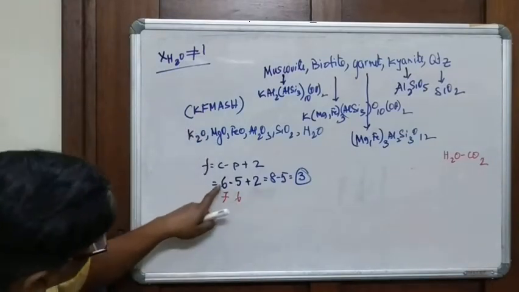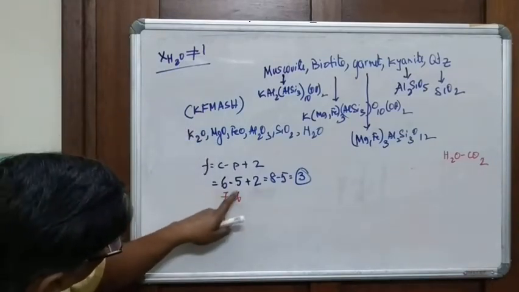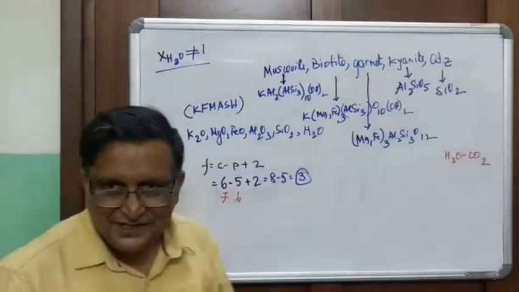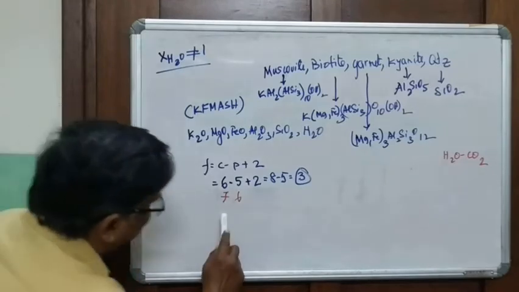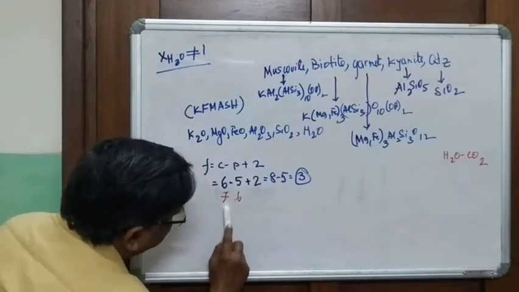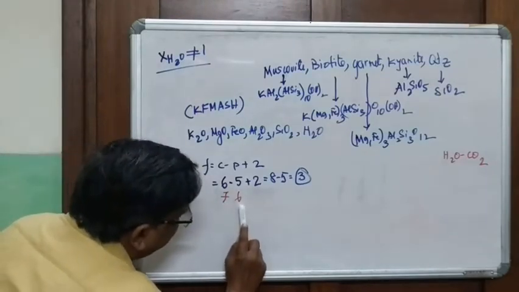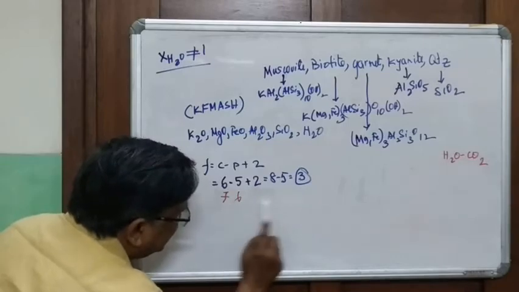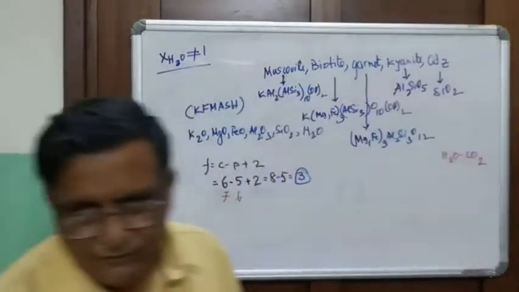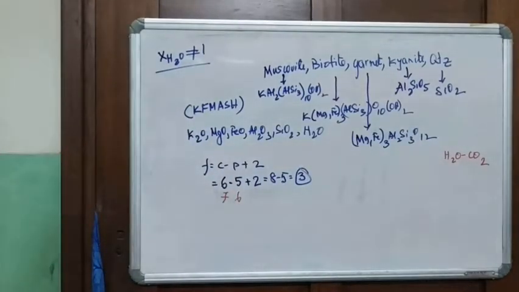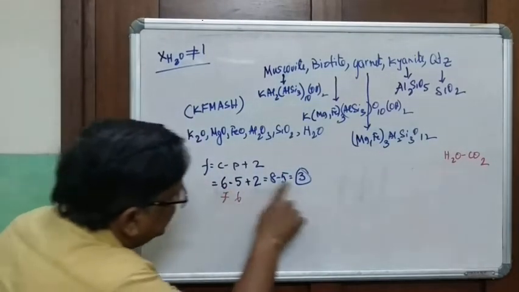You see, I have increased C, but I have also increased P. Your variance remains the same. That's very interesting. I have increased the number of system components, and I have increased the number of phases by the same amount. Variance remains the same. No change.